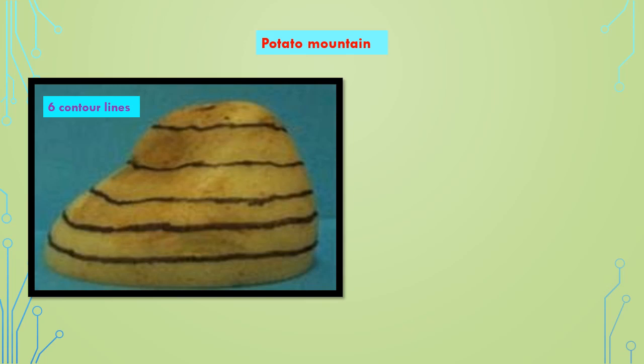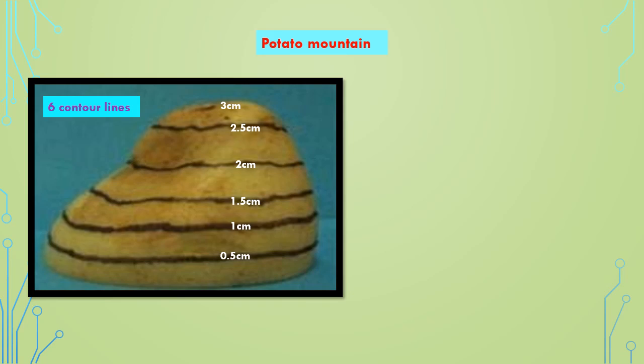That is, the first contour line is drawn at half centimeter height from the bottom or the ground level, the next line at 1 centimeter, then the third contour line at 1.5 centimeter, next one at 2 centimeter, then at 2.5 centimeter in height, and the last at the top at 3 centimeter height from the bottom or the ground level.